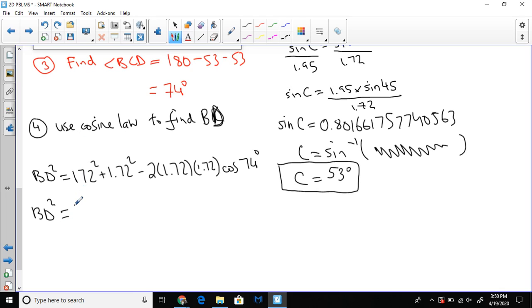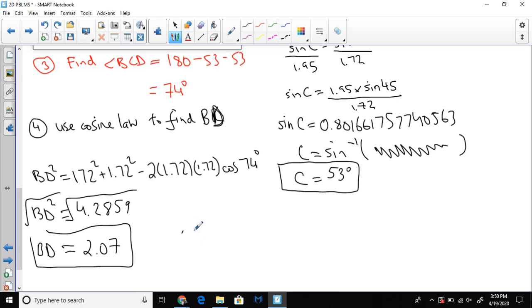I got 4.2859. So now I square root that. So the length of BD is approximately 2.07. And we are done. That's great.